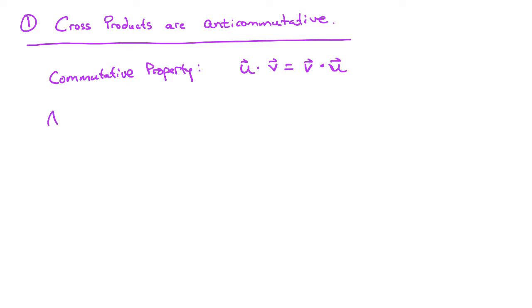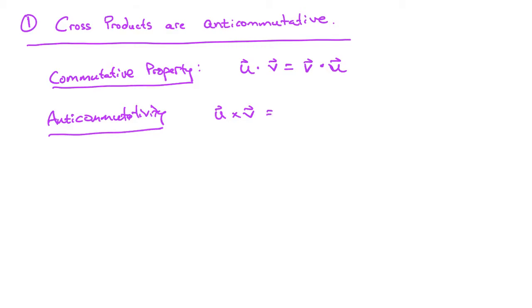With anti-commutativity, if we do the cross product in the opposite order, so instead of u cross v we do v cross u, we don't get the same answer.